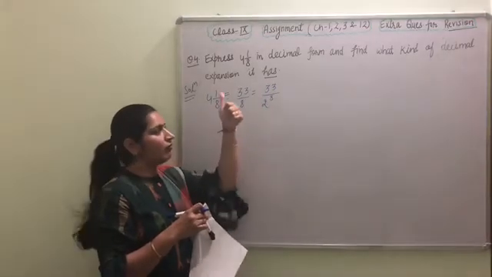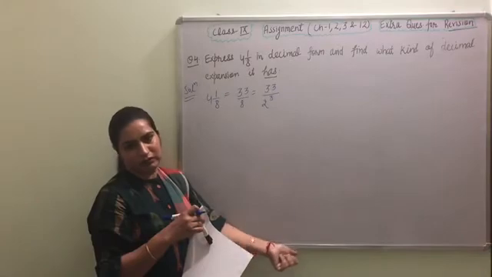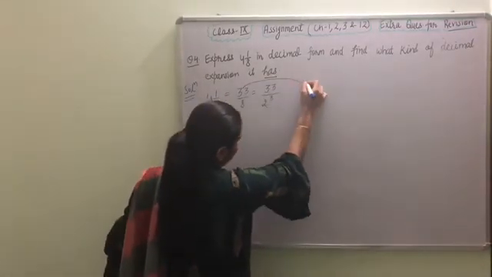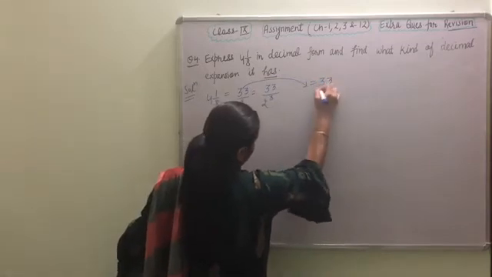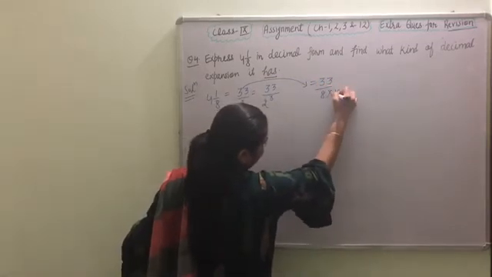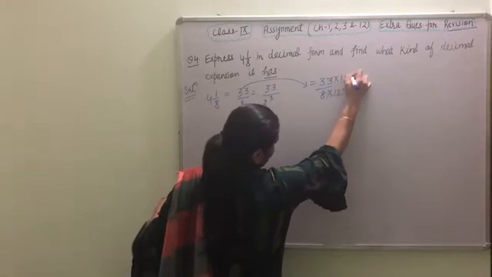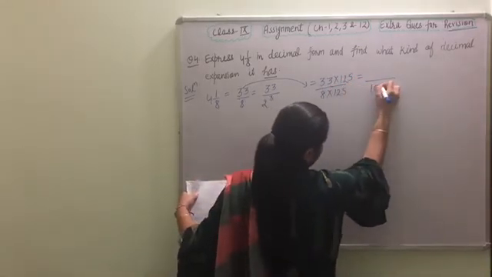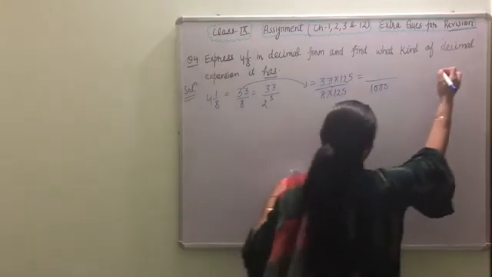Terminate means when we do the division, the remainder will be 0. Here, as we can see, 33 by 8, if I multiply by 125, the denominator will give us 1000.